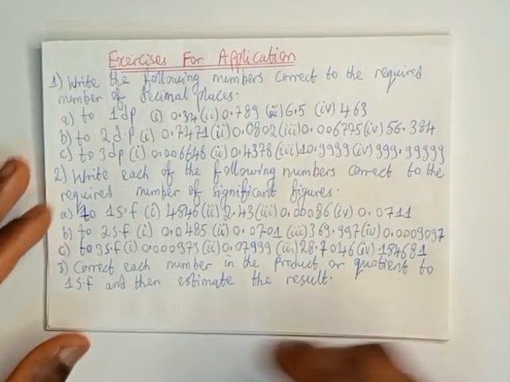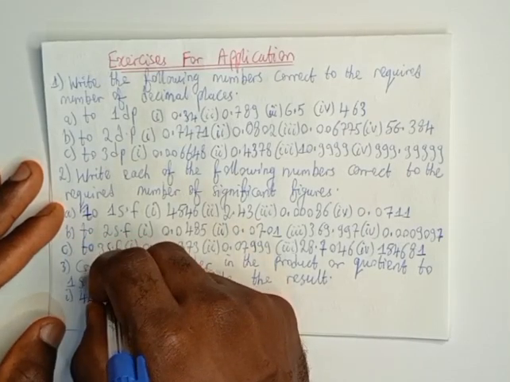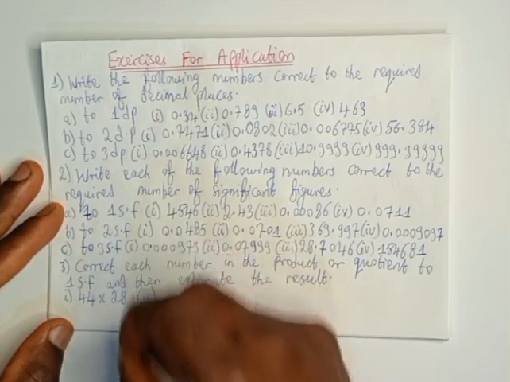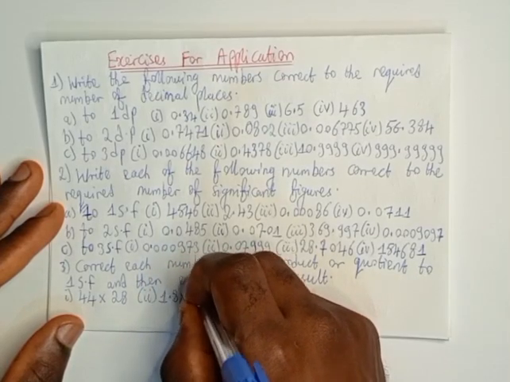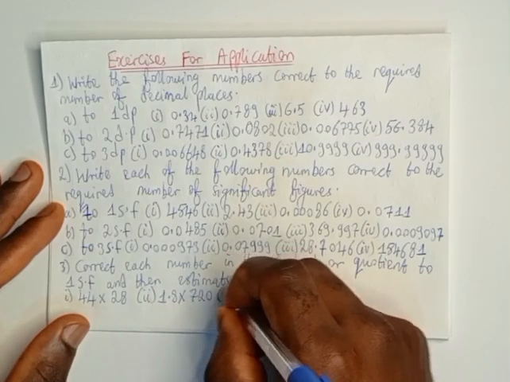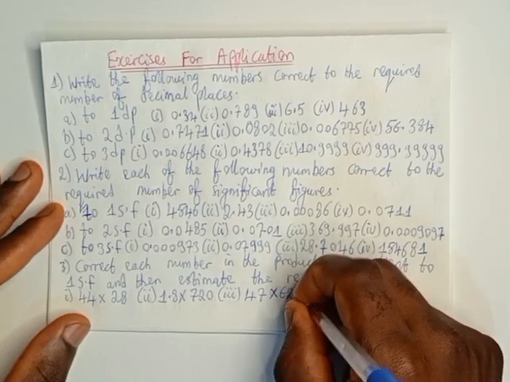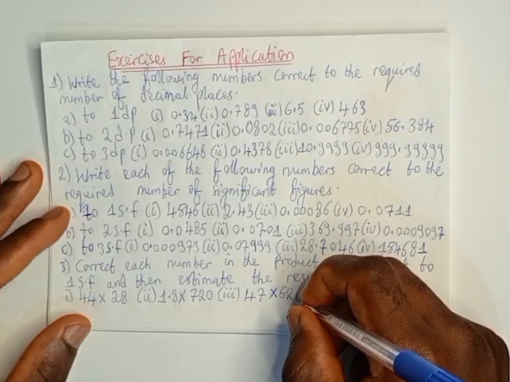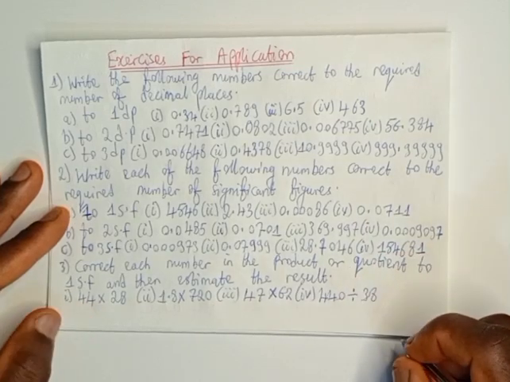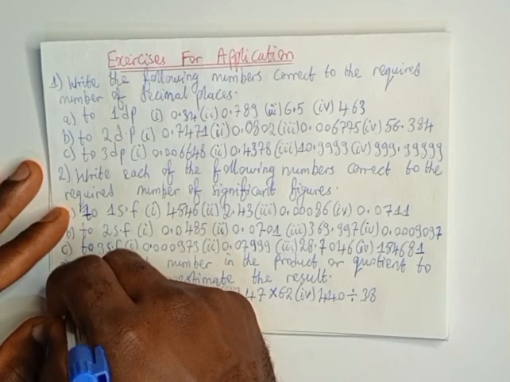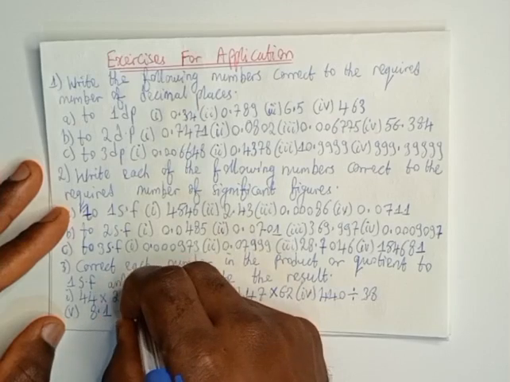For I, we have 44 times 28. For 2I, we have 1.8 times 720. 3I, we have 47 times 62. 4, we have 440 divided by 38. 5, we have 8.1 divided by 3.9.